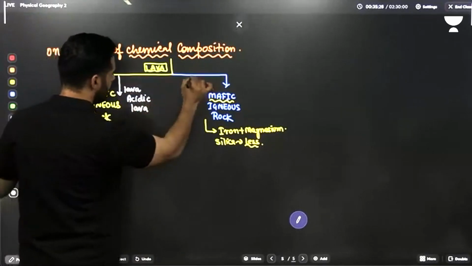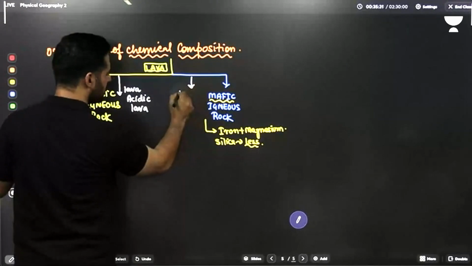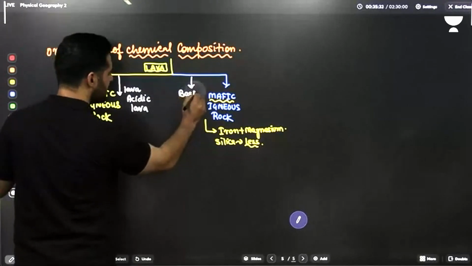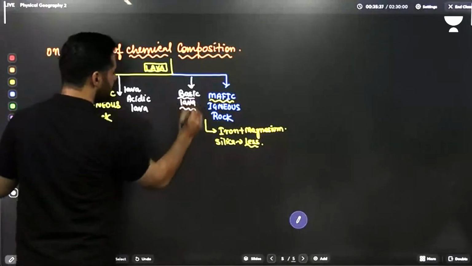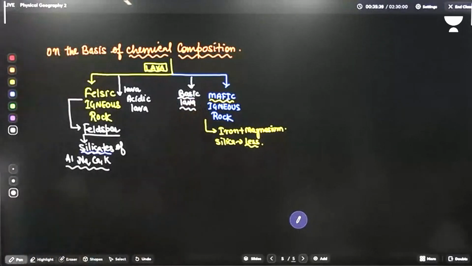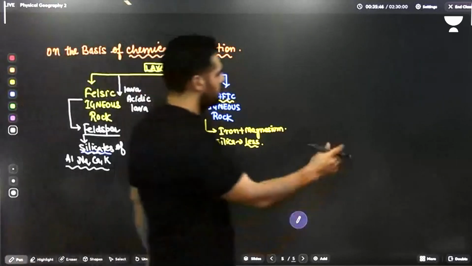Acidic lava. The one which makes the mafic igneous rock, we call it basic lava. So this mafic and felsic are nothing but formed by two types of lava. One lava is called acidic, one is called basic. Forget this for a while and come here.